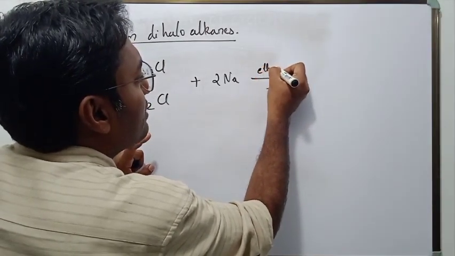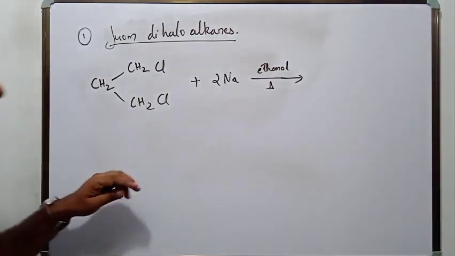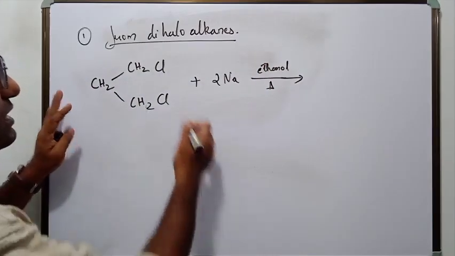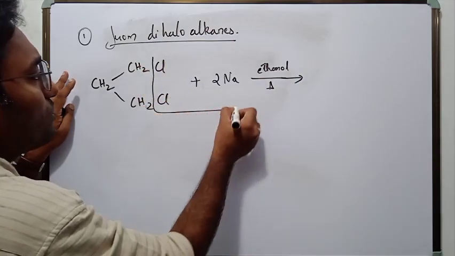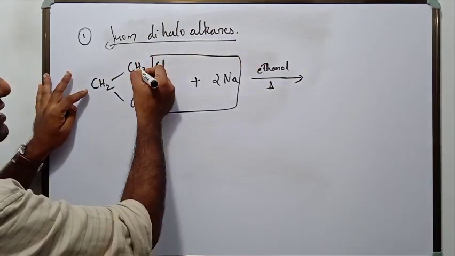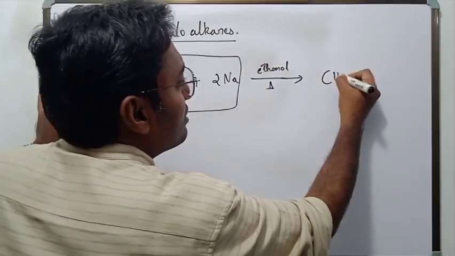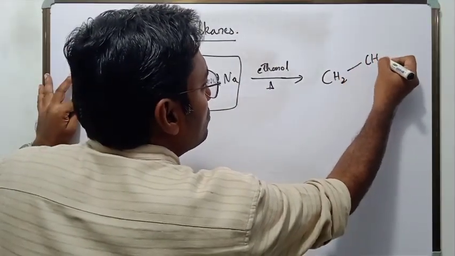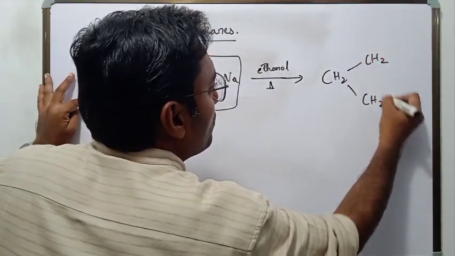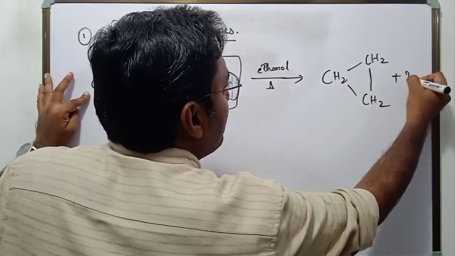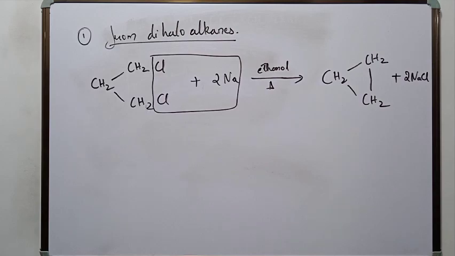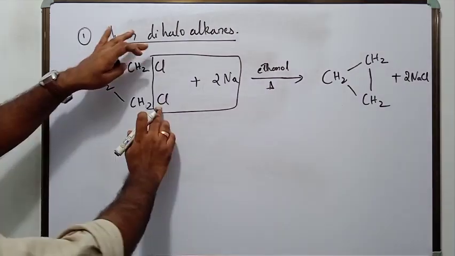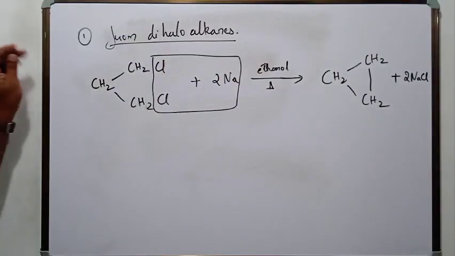Let me put ethanol here. Dry ether you can take. What happens here? It is very simple. These 2 chlorines go with sodium, and these carbons get connected, giving cyclopropane and 2 NaCl. I hope you got it. It's so simple, right? Just take out these 2 chlorines and connect them with sodium.